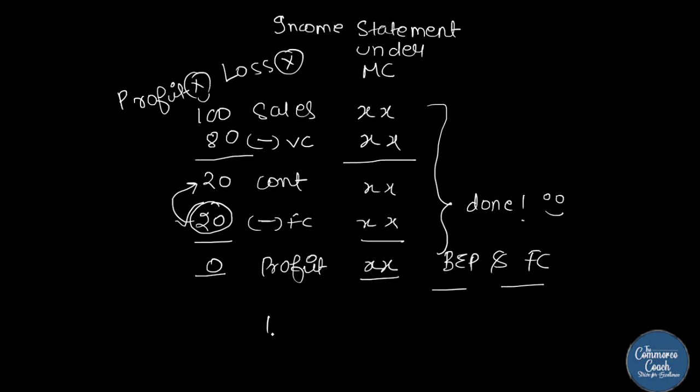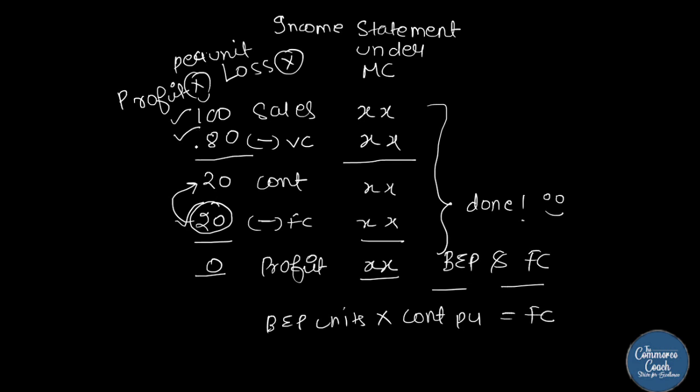That is why the formula was written as BEP in units multiplied by contribution per unit gives you fixed cost. To get the idea about the formula, let me explain here. Suppose these amounts are per unit. Selling price per unit is 100, variable cost per unit is 80, contribution is 20, and fixed cost, let's say, is 20 per unit.